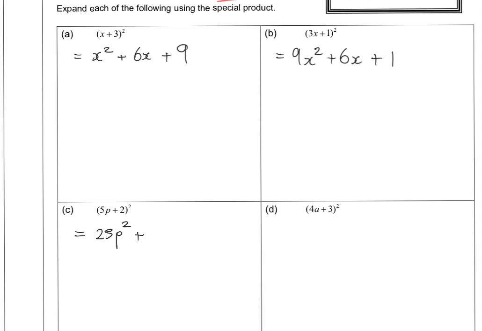Two times 5 is 10, times 2 is 20, exactly, and then 20p. And the last term is Zoe. What is 2 squared? 4. Confirm? That's it. And that's the answer already.